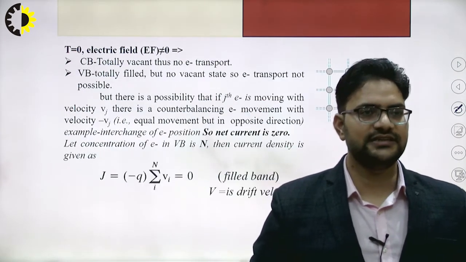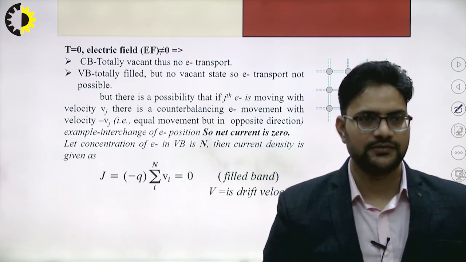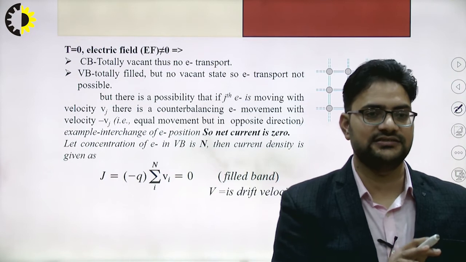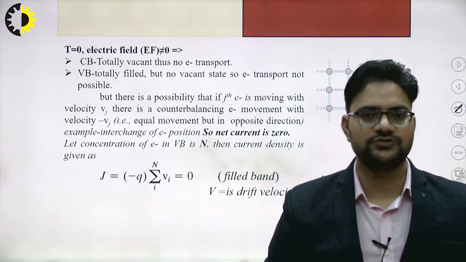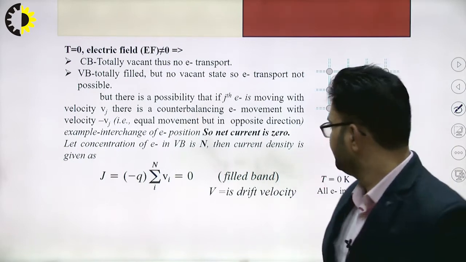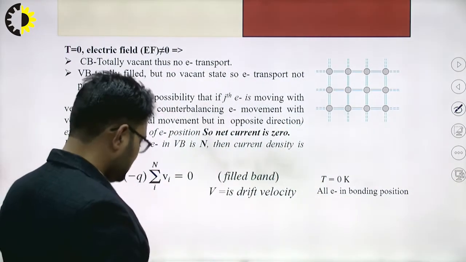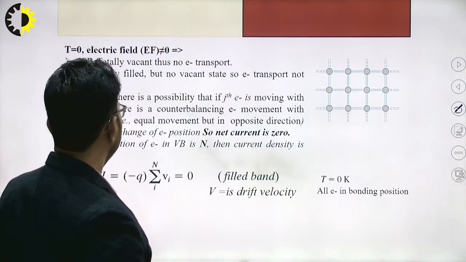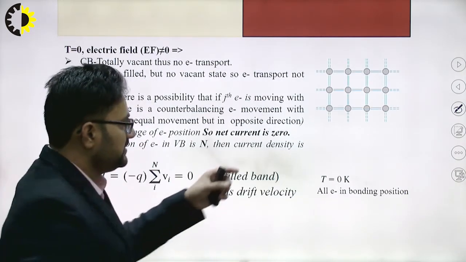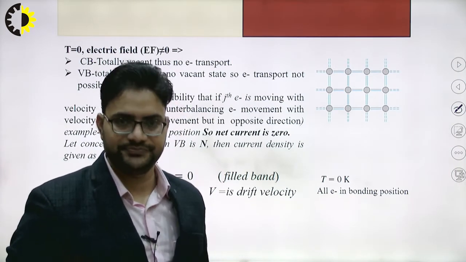Now in the second case, whenever the electric field is applied but temperature is still equal to 0, right? In this case also, if you see the next slide, the conduction band is completely empty.